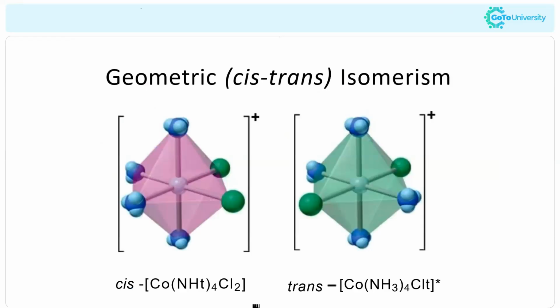And this is geometric isomerism. Geometric isomerism means cis and trans isomerism. This also we discussed in the last class.